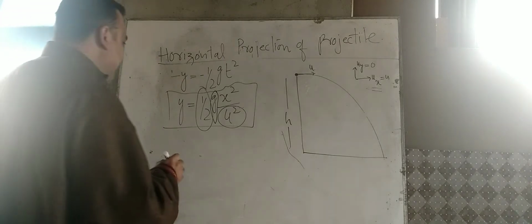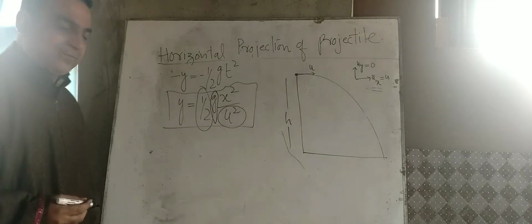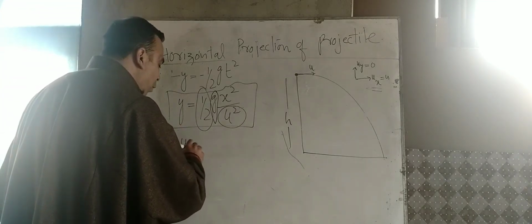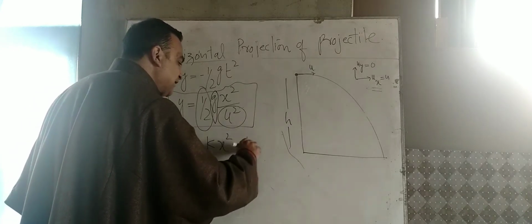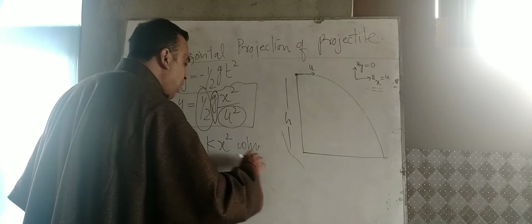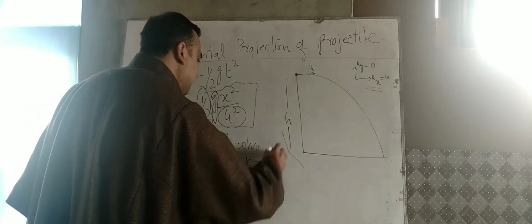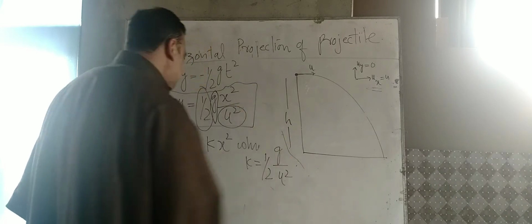What does that mean? That means y is directly proportional to x square. So I can write y is equal to kx square, where k is a constant, and this k is equal to 1/2 of g upon u square.